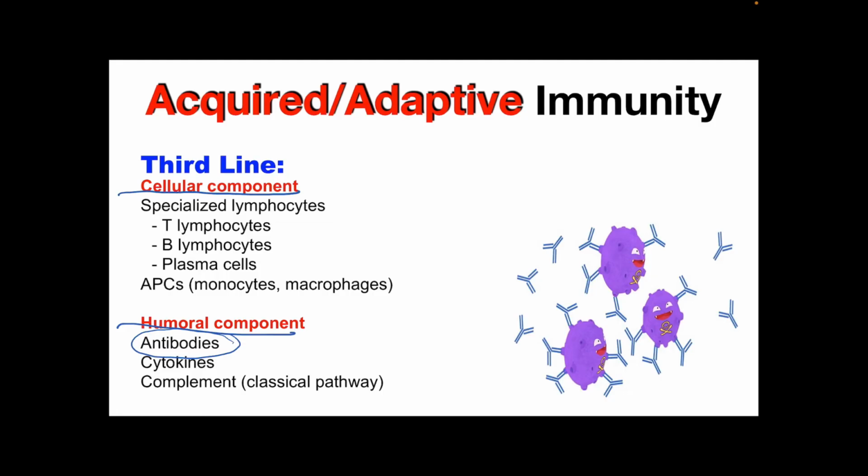So this type of acquired or adaptive immunity is a mechanism that would allow us to recognize, to remember, and to respond to a specific antigen. So again, to recognize, to remember, that's why there is memory here, and to respond to a specific antigen. So those are the main functions of the acquired or adaptive immunity.